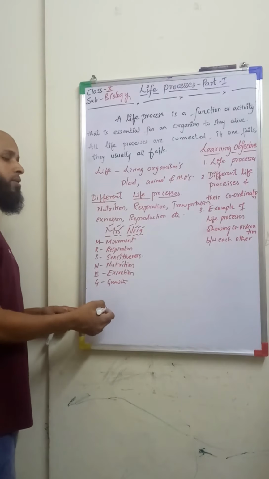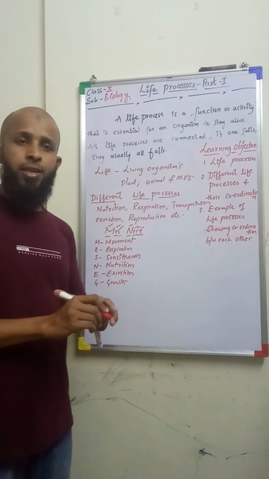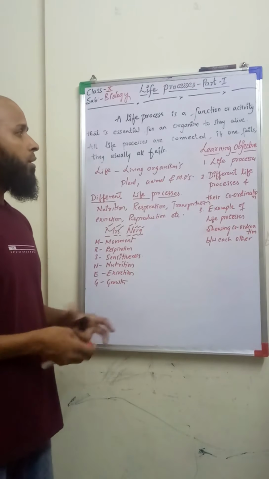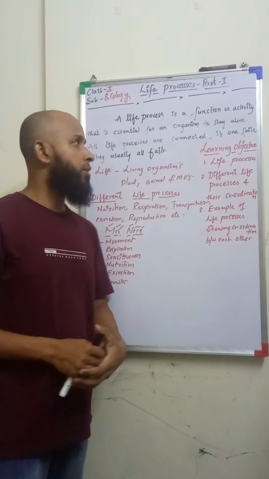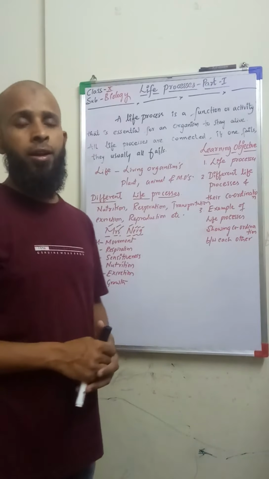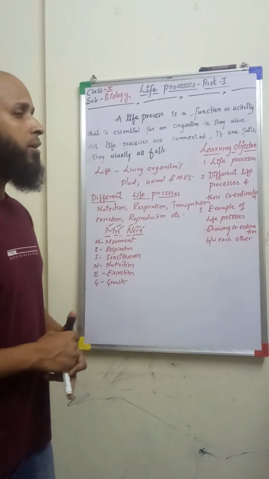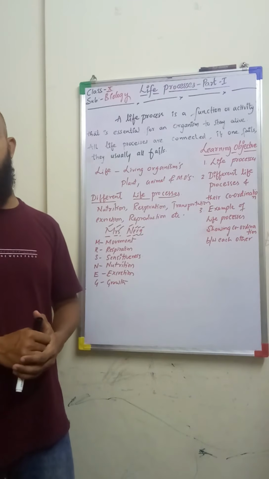So with this you can understand that in a living organism there are basically 7 life processes. Once again, what is a life process? It is a set of functions or activities that is essential for an organism to stay alive.